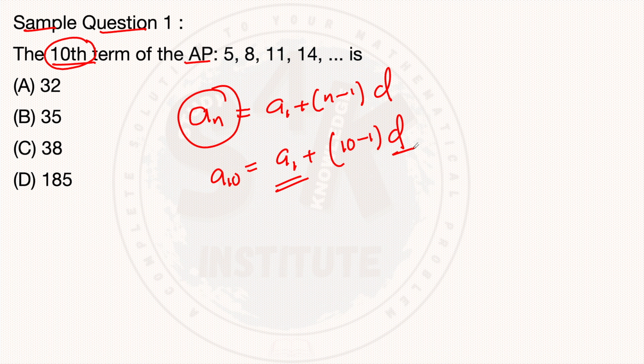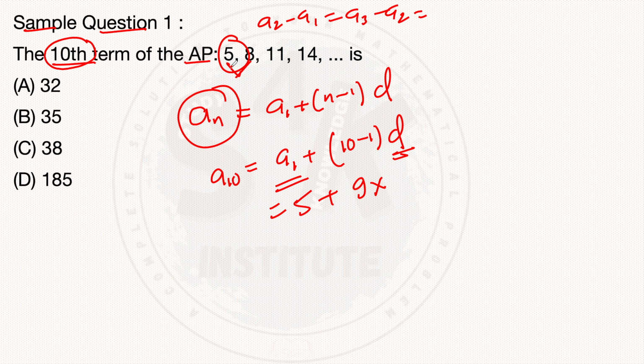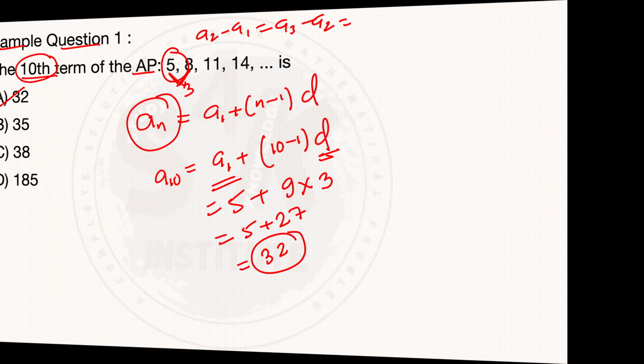Let's see a1 and d value. a1 is the first term, that is 5, right? 5 plus 9 times d. What is the d? Difference between two consecutive terms, like a2 minus a1 is equal to a3 minus a2, like that. So what is the difference here? 3. So difference is 3. So 5 plus 27 will give you 32. So the answer will be 32. So the 10th term of the AP will be 32.